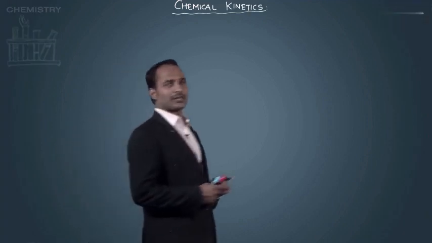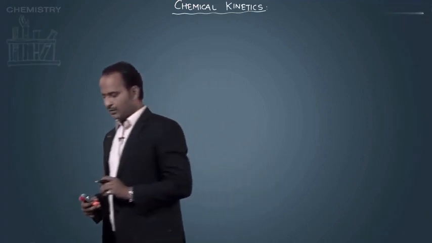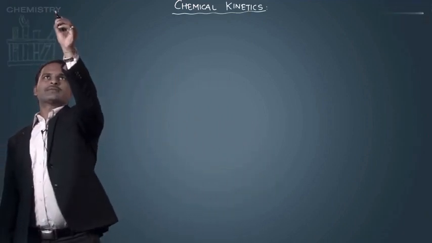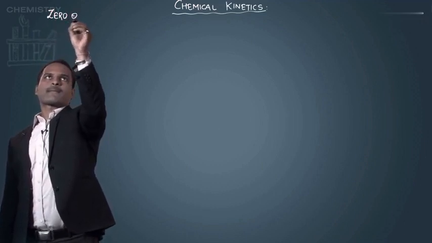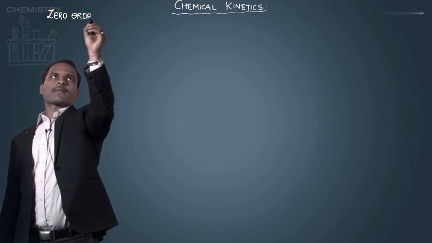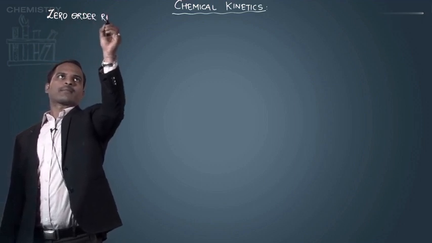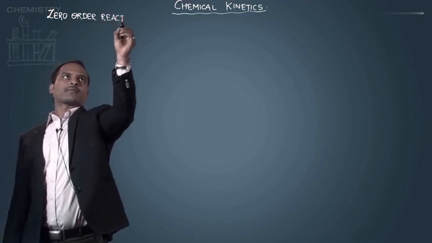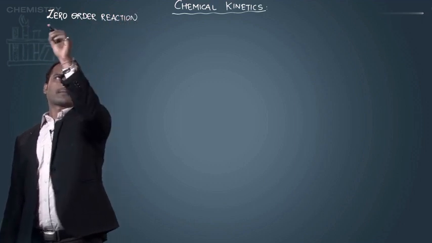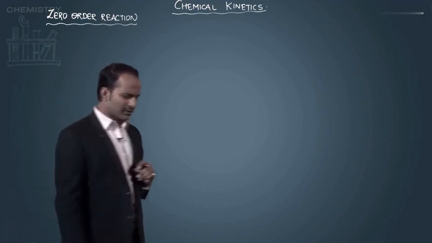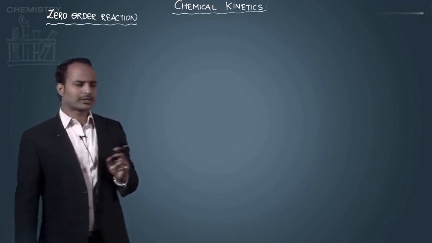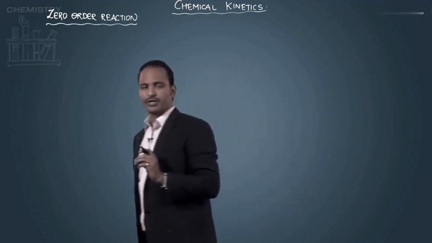Now let's talk about the zero order reaction in detail. First, what is a zero order reaction? A zero order reaction means a reaction whose rate does not depend on the concentration of reactant.